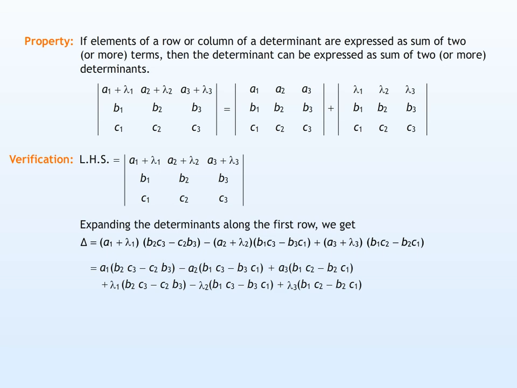On simplification, we get that the value of the determinant is actually the sum of the values of two determinants, first with row 1, A1, A2, A3, row 2, B1, B2, B3, row 3, C1, C2, C3, and second with row 1, lambda 1, lambda 2, lambda 3, row 2, B1, B2, B3, row 3, C1, C2, C3.